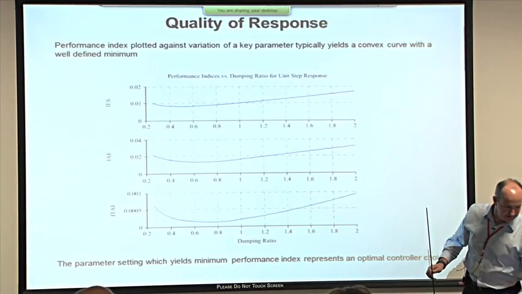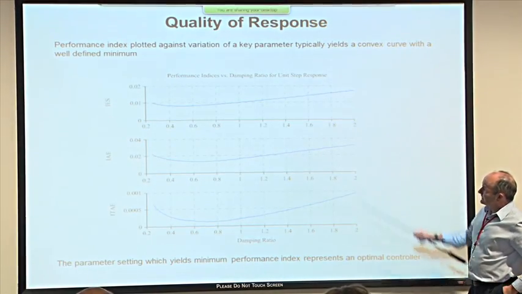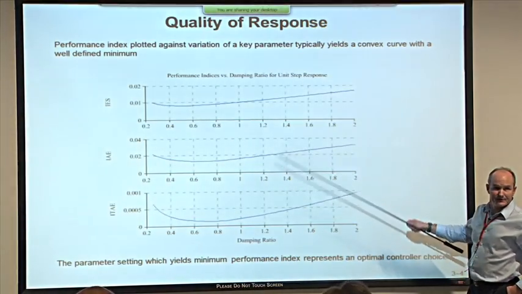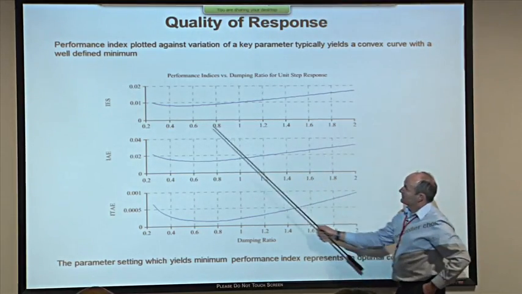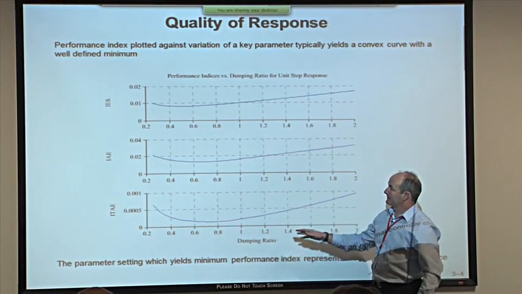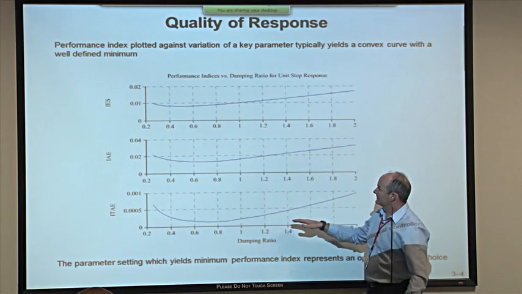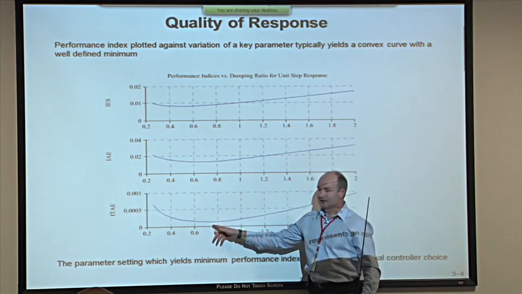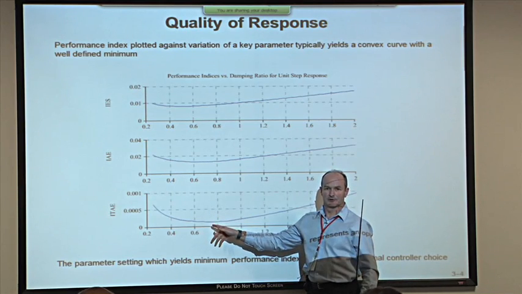I'll be coming back to these shortly, but what I thought you'd be interested in would be this family of curves, which is typical for a system. Actually, this is for a second-order step response, and the variable parameter along the bottom here is damping ratio. And typically what happens is that you get a fairly well-defined minimum value for these three indices, which corresponds to the value of the parameter which you should select to optimize the step response.